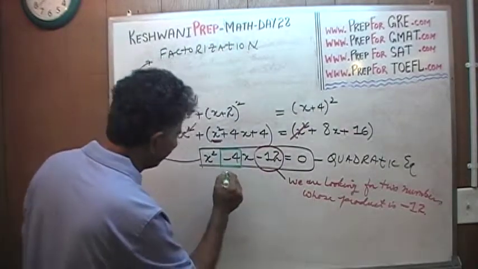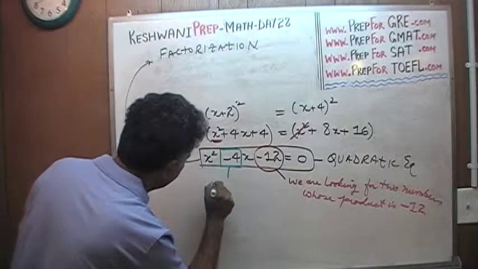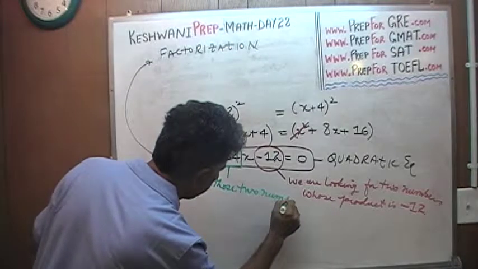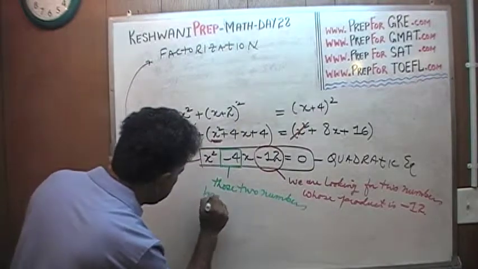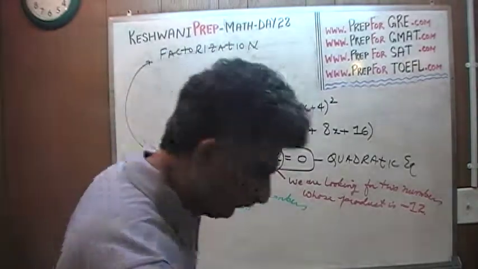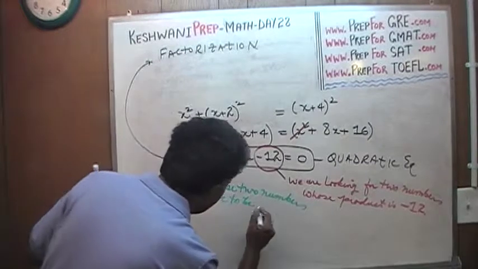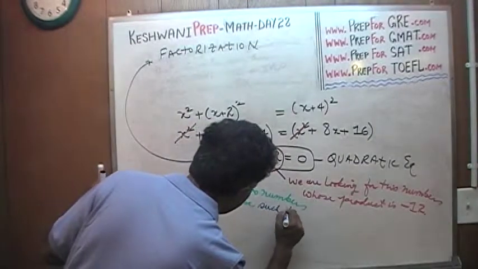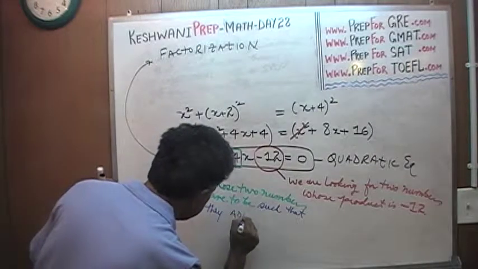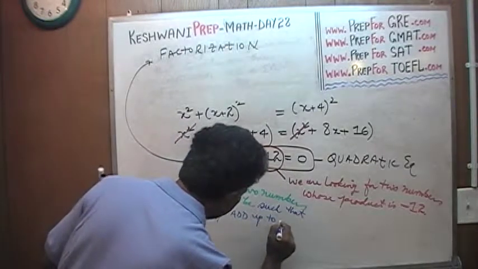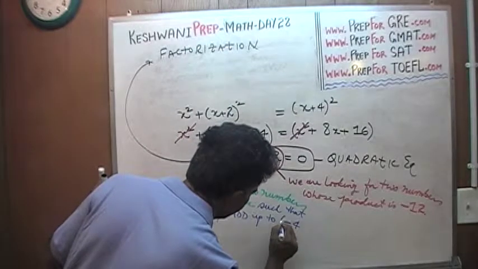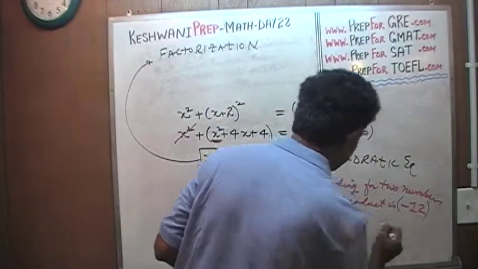Those two numbers have to be such that they add up to -4. It's very important that you pay attention here, -4. And here the product was -12.